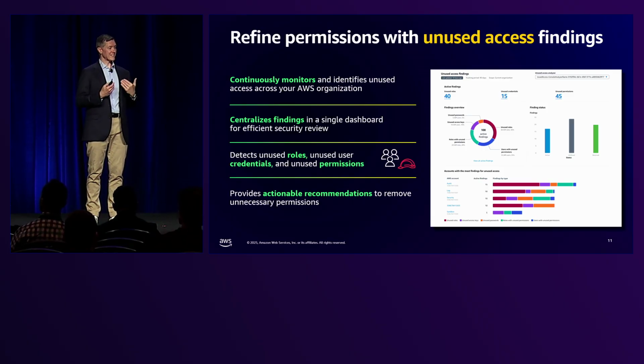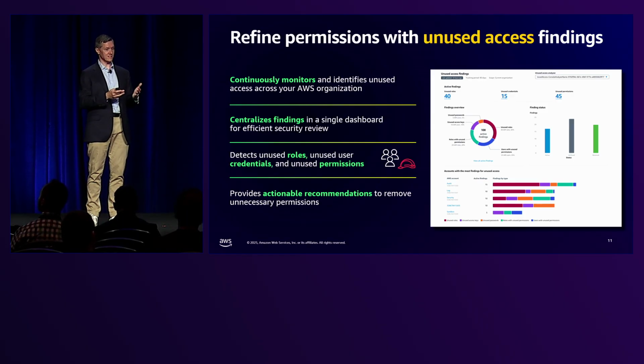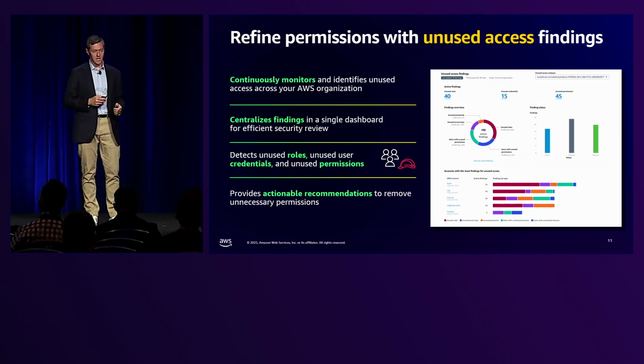In fact, we like to think of this as the Marie Kondo analyzer. It tells you all the things that you need to clean up because they do not bring joy. So you can turn this on, and it will tell you, hey, this permission, this access key, this role has not been used in some period of time, and you go, great, I think I'm gonna go delete that, or clean it up.